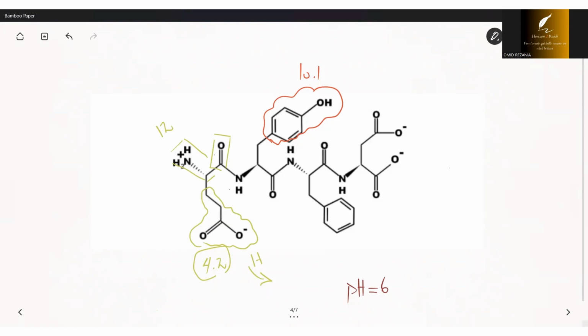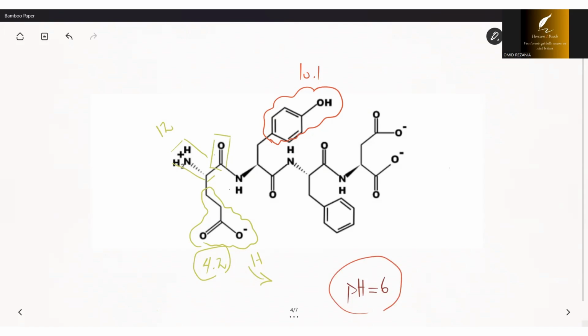Now, we are just going to ask ourselves, which one is more acidic? Tyrosine in the peptide or the environment? You say the environment, because 6 is less than the pKa value of the tyrosine side chain, which is 10. That's right. Then as a result, the environment is more acidic because it's less than the pKa value of this.